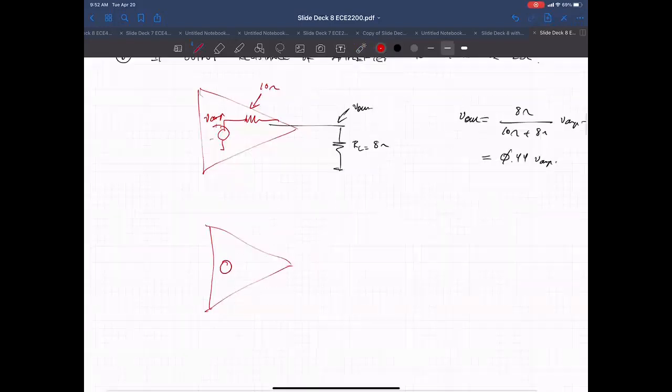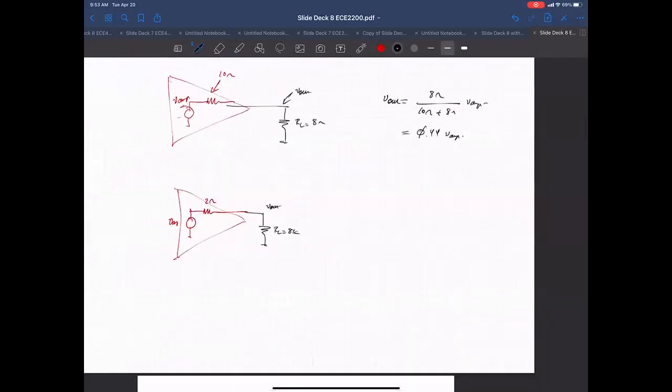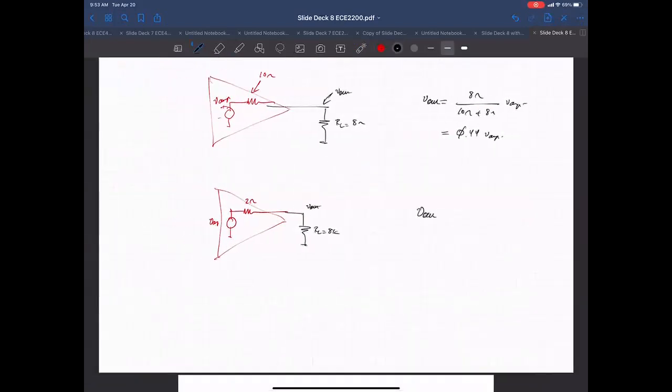we have the amplifier voltage and we have a 2 ohm output resistance driving the same speaker load. And in this case it is 2 ohm over 10, 2 ohm over, what am I saying? I got it wrong.